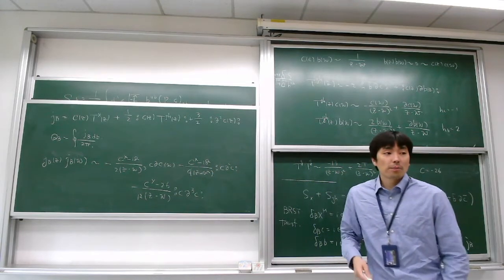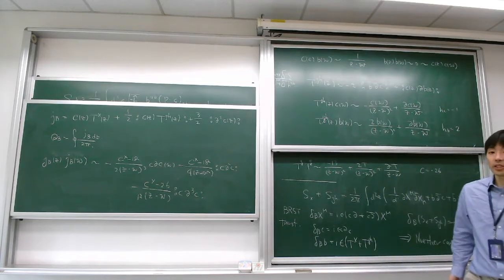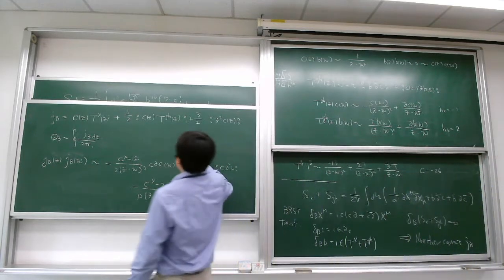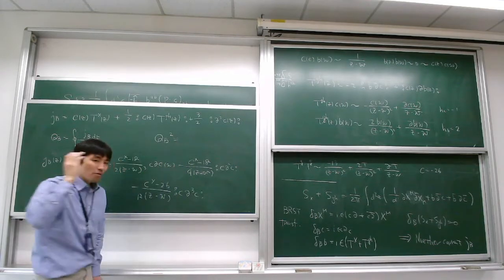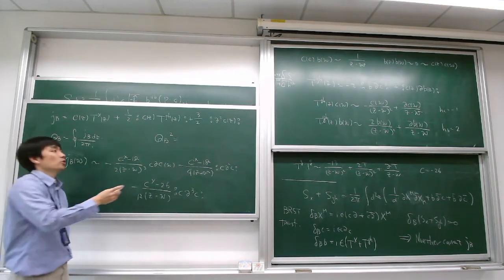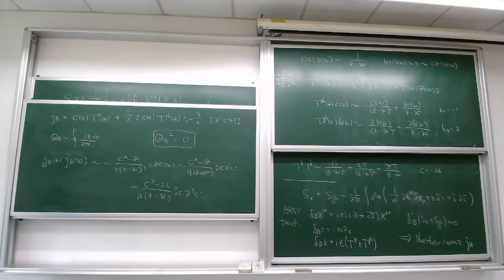So BRST charge means, as I mentioned, that the important thing is nilpotency. So to impose BRST quantization, you need to have this condition. So to have this condition, you have to integrate over again.